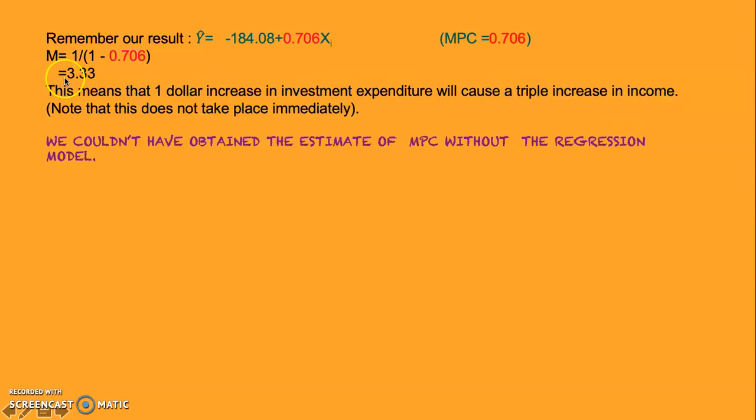That is, when the income multiplier is 3.33, there will be a triple increase in income with a $1 increase in investment expenditure. Note that this effect does not take place immediately. It takes a little while for these effects to kick in. Do you realize that we couldn't have obtained the estimate of MPC without the regression model?